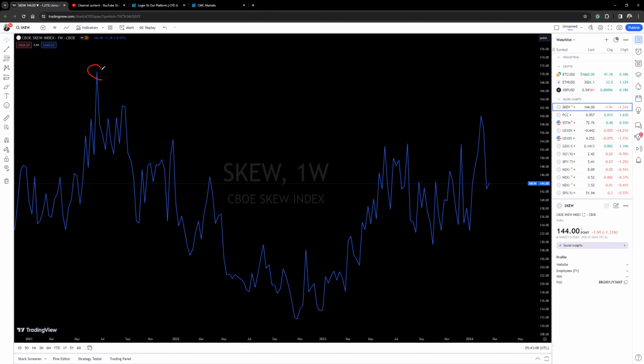Whenever SKEW topped, as you see here, this is May, July 2023, after that the market went down in a 3 month corrective move to the downside and bottomed in the October timeframe. And as you see here, SKEW just bottomed here as well.